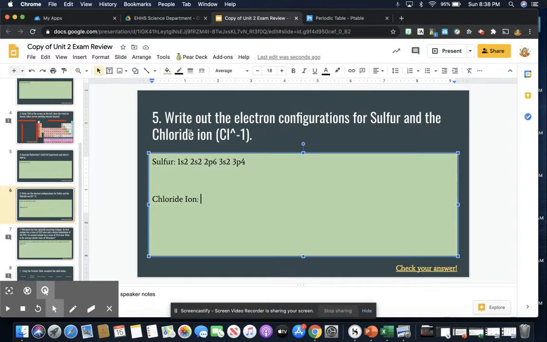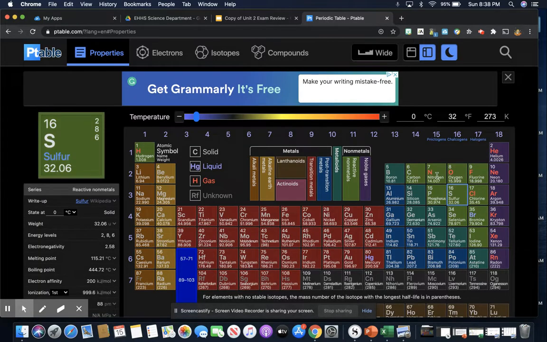So now I'm going to do the chloride ion. And so before I even get to the ion, I'm going to just start with my chlorine. Okay, so again, I'm going to find, oh, it's right next to sulfur.